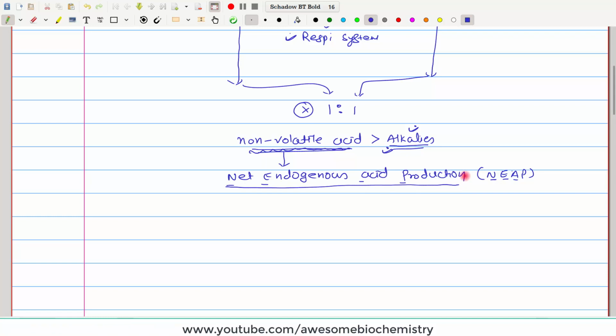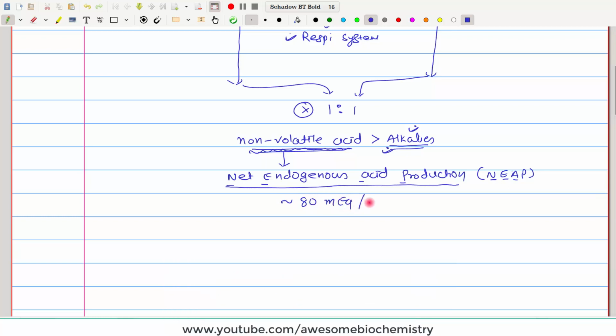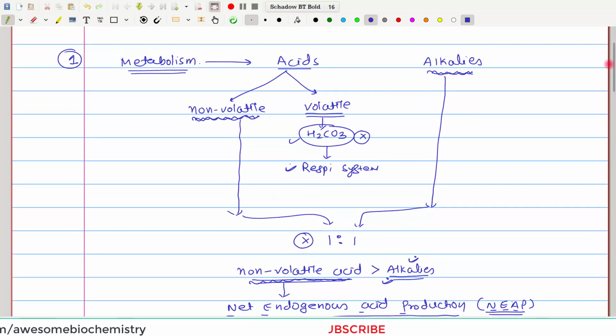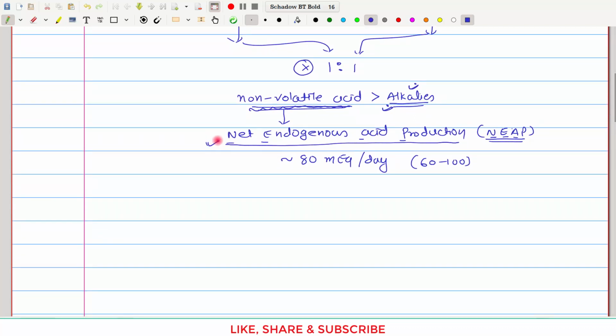In an average 70 kilogram male, it is estimated that approximately 80 milliequivalent per day of NEAP is generated. Actually, it is in the range of 60 to 100. Now, if someone is consuming more protein in the diet, then there will be more metabolism of the protein, and it is estimated that in such a protein-consuming population, this net endogenous acid production is on the higher side.